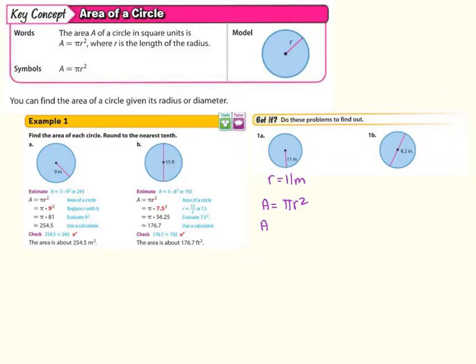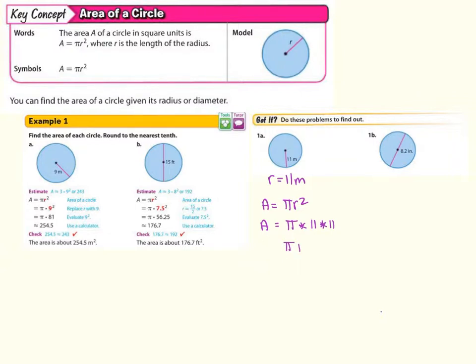Well, I'm not going to put the A in there, but I'm going to press the pi button. I'm going to press multiply, and then I'm going to press 11, press multiply again, and press 11. Guys, that's the easiest way, I believe, to use these calculators that you guys have in the class.